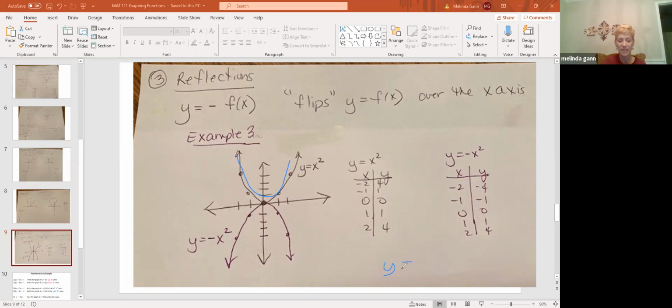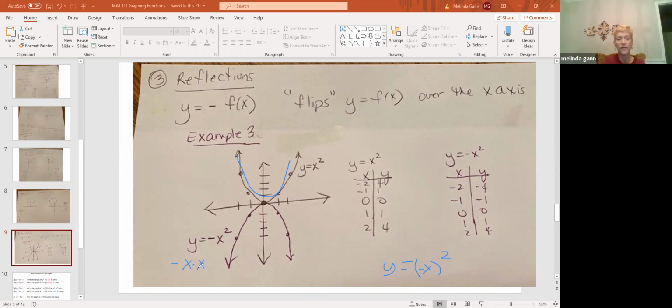We've talked about this in class before, but let's reiterate it. It makes a difference if that negative is in the parenthesis or outside the parenthesis. This just means I've got a negative and I've got an x times another x.